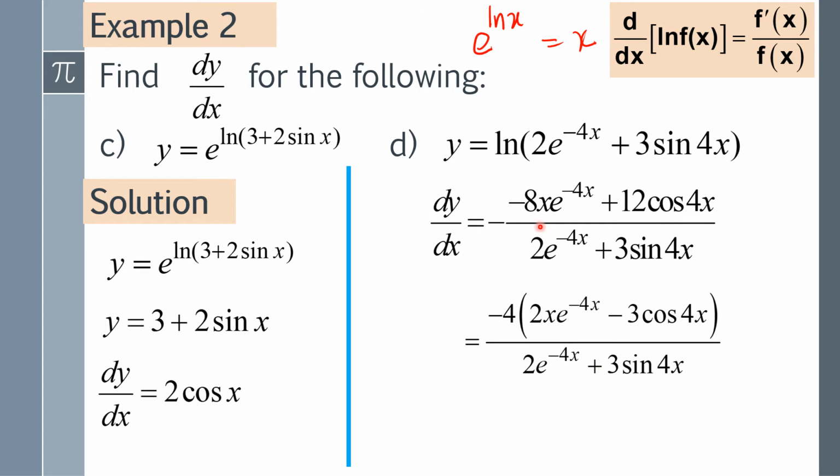Then we have negative 8x e to the power of negative 4x plus 12 cos 4x. We simplify this, and we get negative 4 times bracket 2x e to the power of negative 4x minus 3 cos 4x, divided by 2e to the power of negative 4x plus 3 sin 4x.